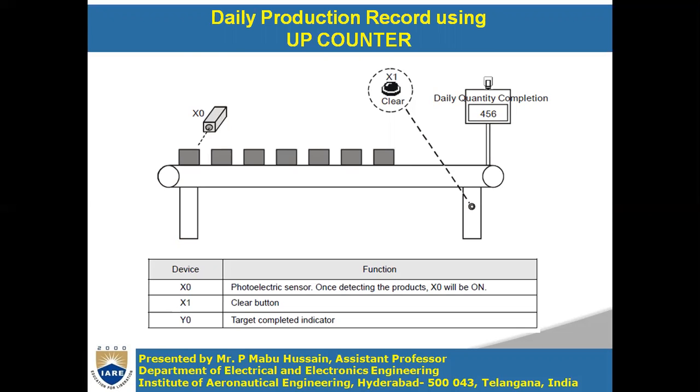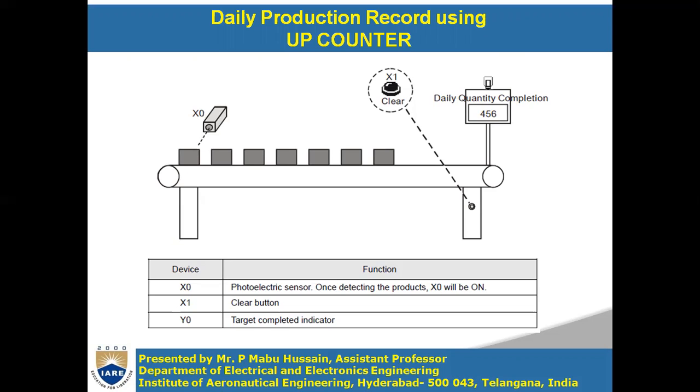X0 is the photoelectric sensor, so whenever it detects a product, X0 will turn on and it will increment the counter by a value of 1. Like that, as more products come in, the sensor detects them and the counter goes on increasing one at a time, up to 500. The 500 is the target.